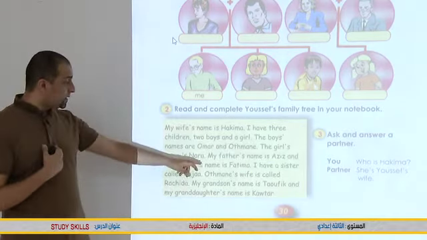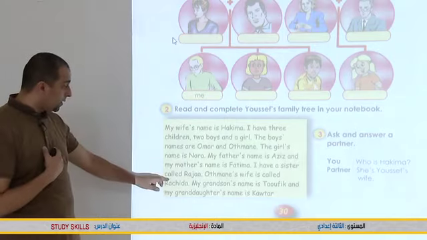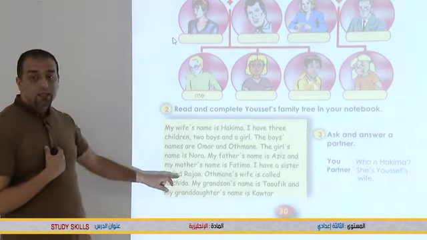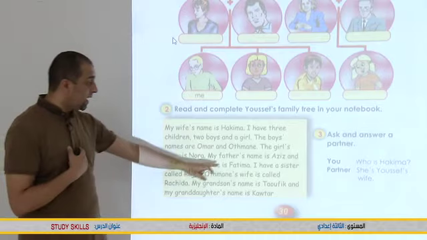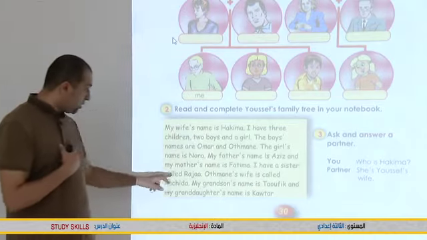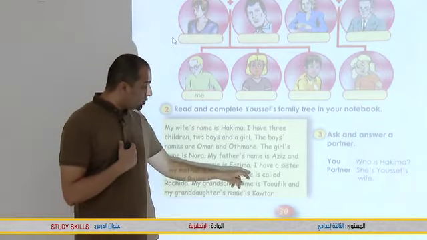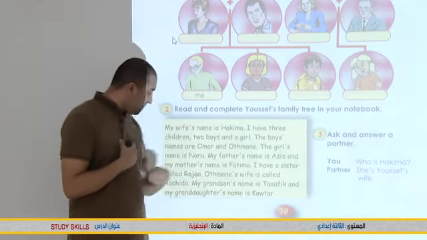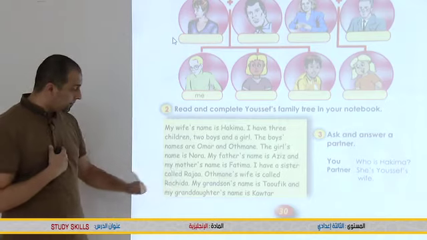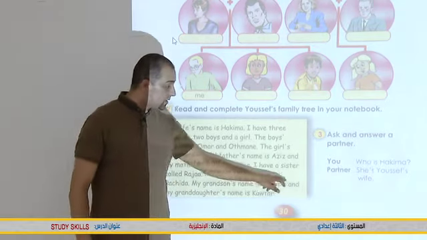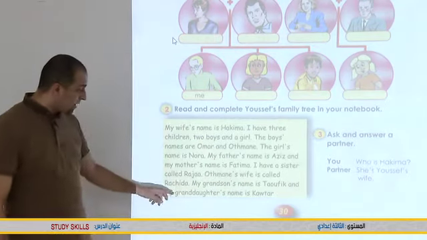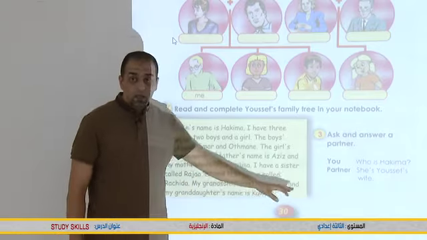I have a sister called Raja, meaning her name is Raja. Uthman's wife is called Rashida. My grandson's name is Tawfiq, and my granddaughter's name is Kautar.